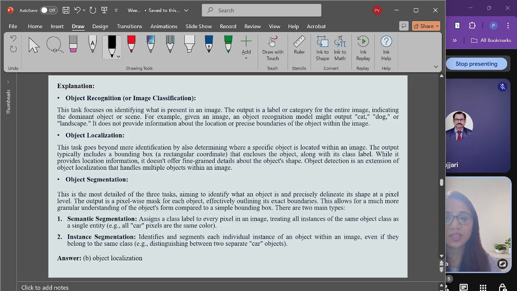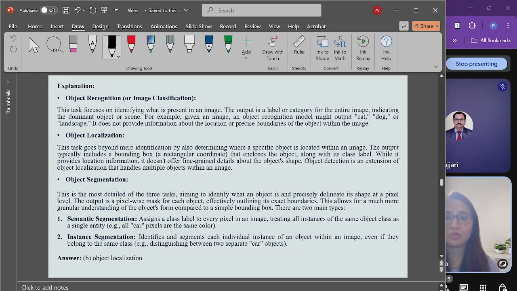And object segmentation is the most detailed of the three tasks, aiming to identify what an object is and precisely delineate its shape at the pixel level. The output is a pixel-wise mask for each object, effectively outlining its exact boundaries. This allows a much more granular understanding of the object's form compared to a single bounding box.